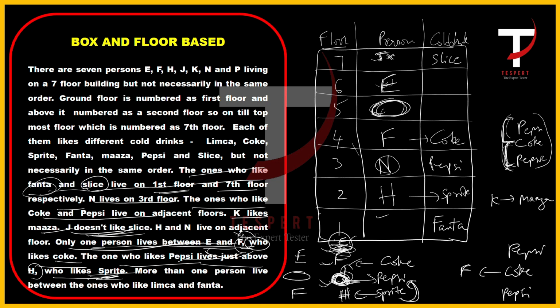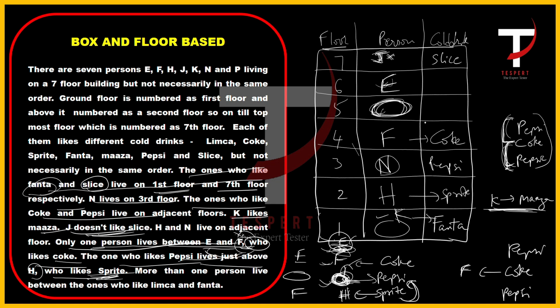And J doesn't come here. So if J doesn't come here, J either comes here or here, right? But in this case we have considered K. K likes Mazza. So K cannot come here, because if K comes here then K must like Fanta, but K likes Mazza.